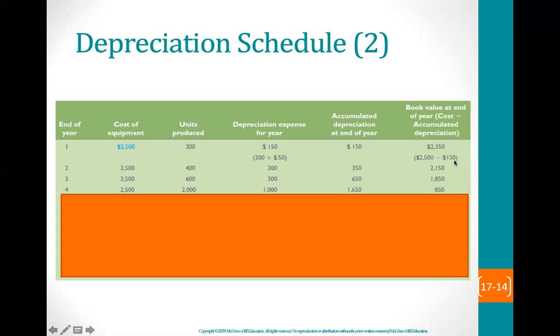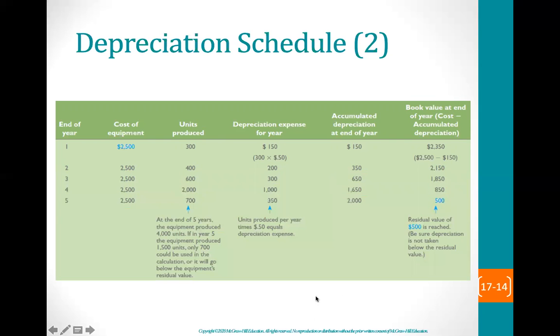Years 3 through 4 are shown, and you follow the same process. Units produced times your depreciation per unit, calculate a new accumulated depreciation, and a new book value. At the end of year 4, we'll see our book value is $850. Year 5, we produced 700 units.